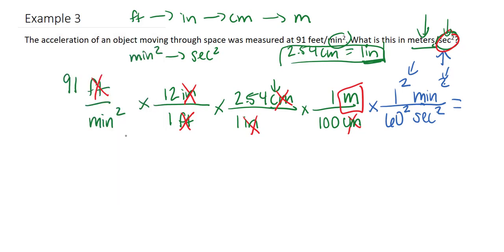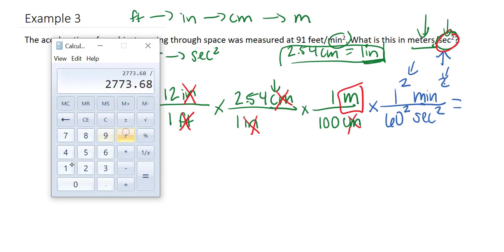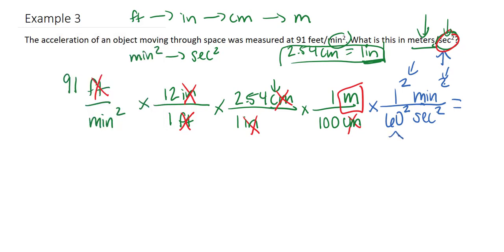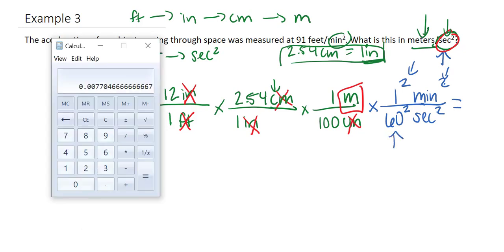Next, we need to divide by 100. Then we need to divide by 60. And we need to divide one more time because we have two 60s right here.